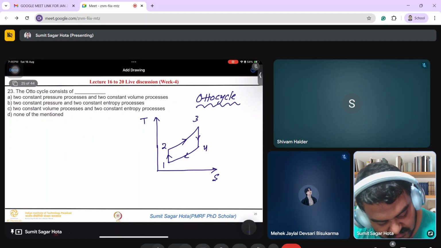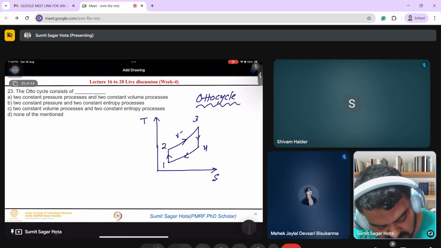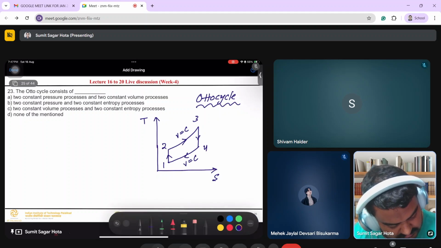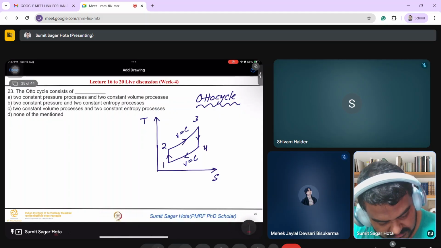a constant volume cycle. Okay, constant volume heat addition and constant volume heat rejection. So here volume is always constant. There will be a 1 to 2 process, where there will be compression work, and there will be a 3 to 4 process where there will be turbine work.